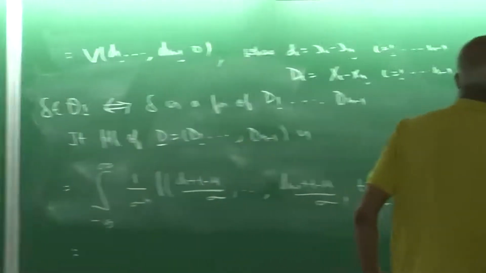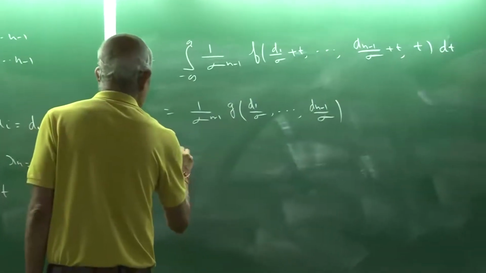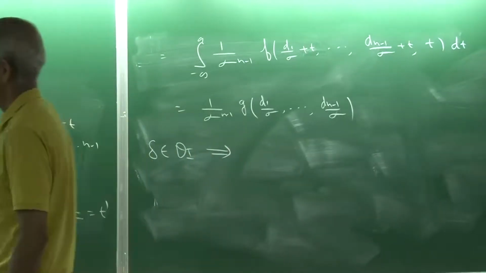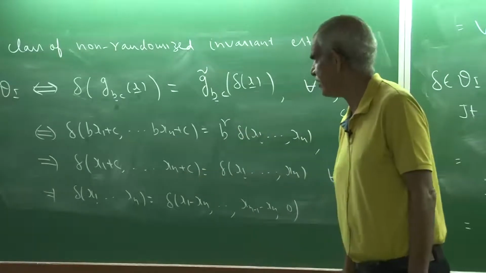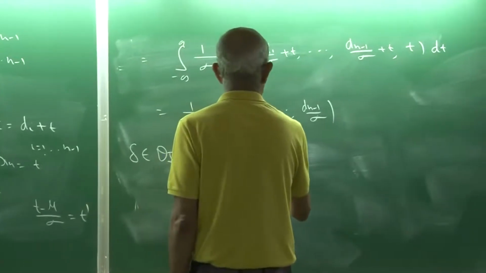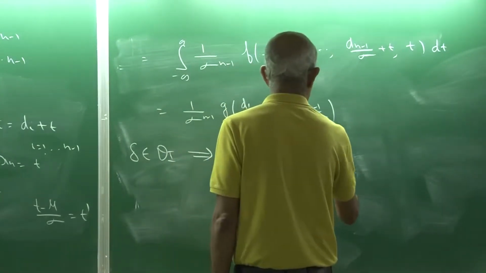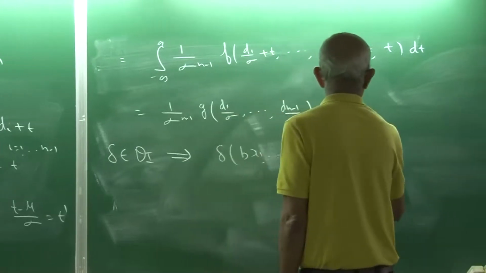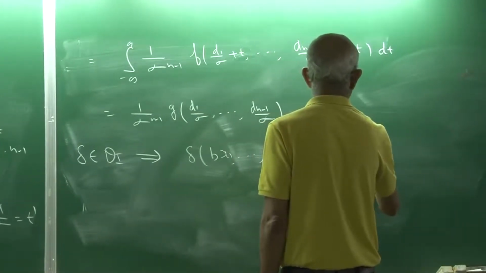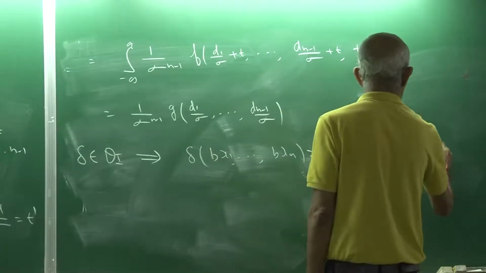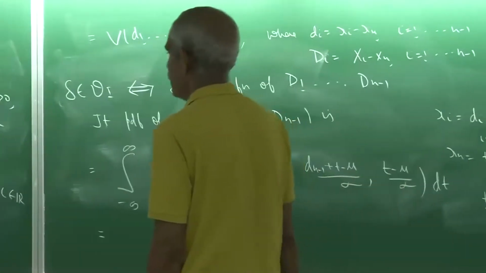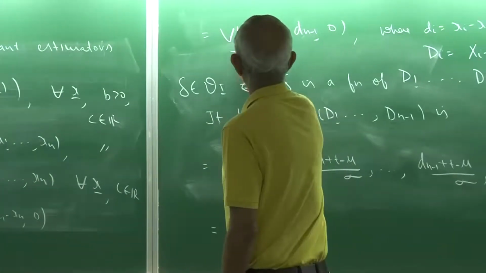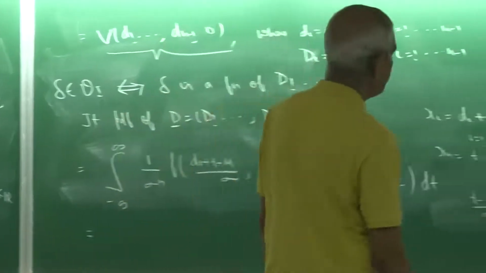But we also know that delta belongs to di implies that, now here I have taken b to be 1, now I take c to be 0 and I keep b, implies that delta of bx1, bxn is the same as b to power r delta of x1, x2, xn. But delta of x1, x2, xn, we have seen, is nothing but v of d1, d2, dn minus 1.